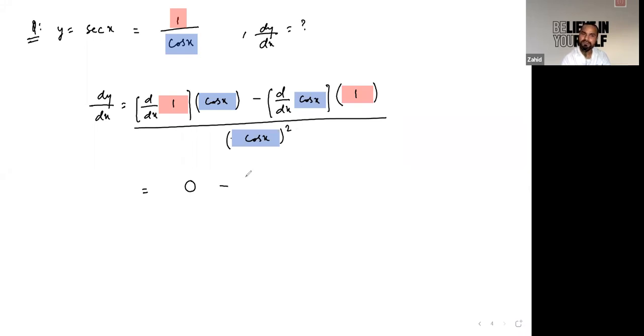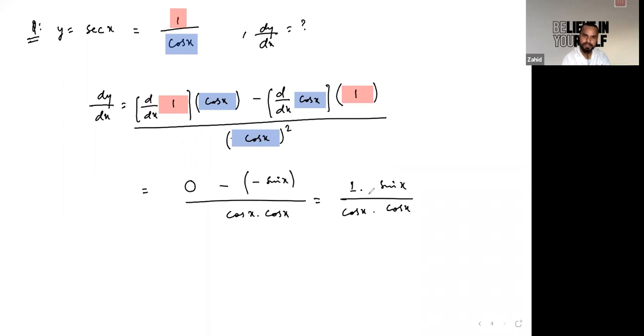Similarly, differentiation of cos x would be minus sin x, and whole divided by cos squared x. You may write it as cos x into cos x. This minus and this minus would become plus. You may write 1 into sin x divided by cos x times cos x.